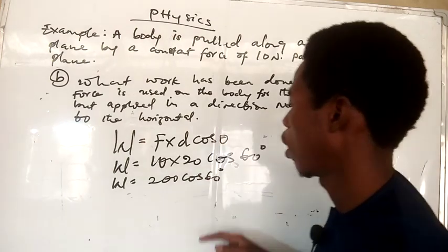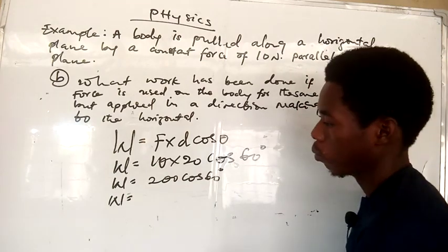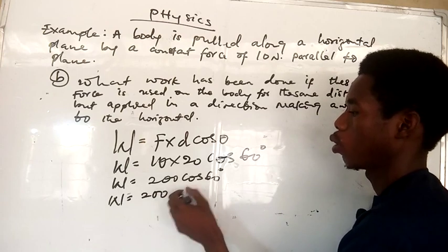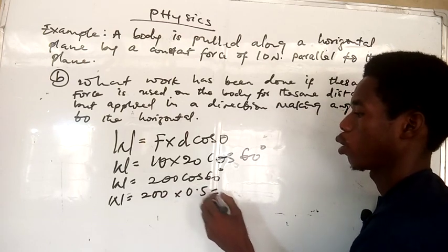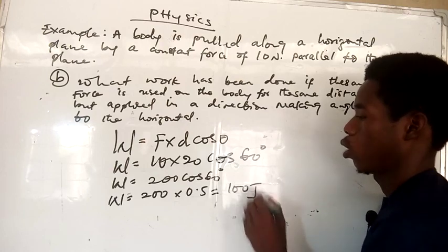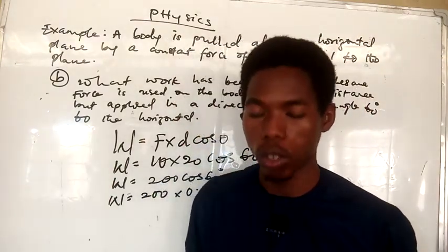So idan ka buga zai baka work done equals to 200 cos 60 kuma is 0.5, which is equal to 200 times 0.5 zai baka 100 joule. So wannan su ne misalai guda biyu da muka amsa su under work.